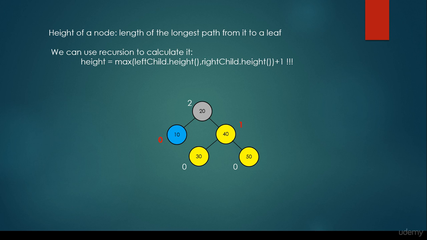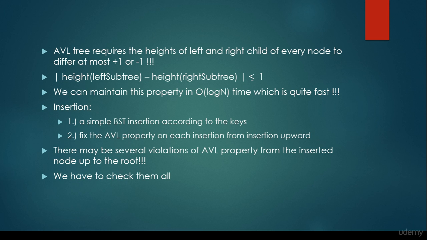So the right subtree of the root node, which contains 40, 30 and 50, is going to have the height parameter 1, because the root node of this subtree, which is the 40, has a height parameter 1. So we have to calculate the maximum out of 0 and 1, it's going to be 1, and we have to increment it by 1 in order to get the height parameter for the root node, and that's why it's going to be 2.